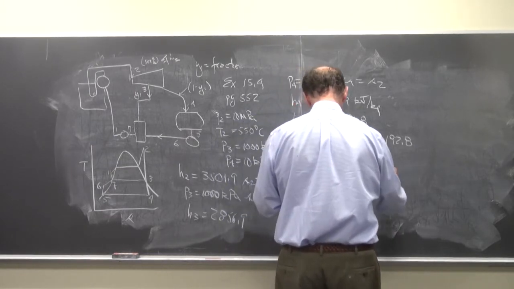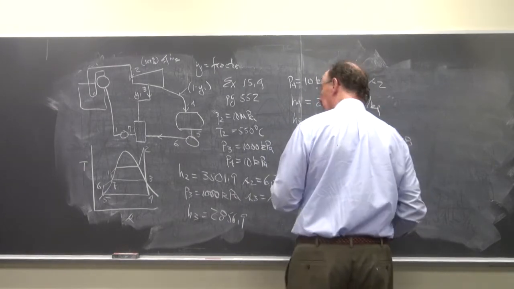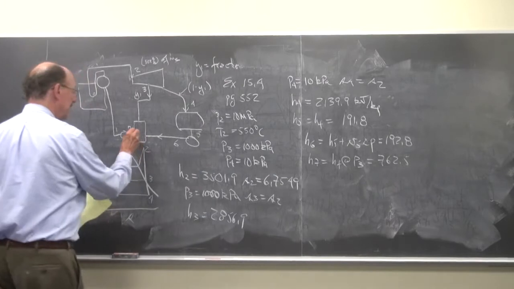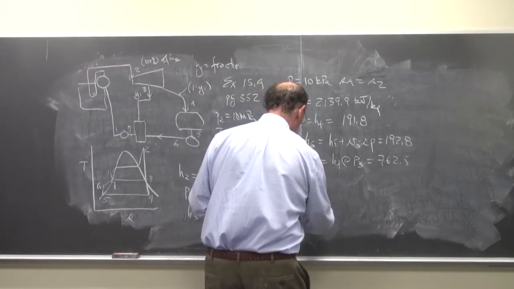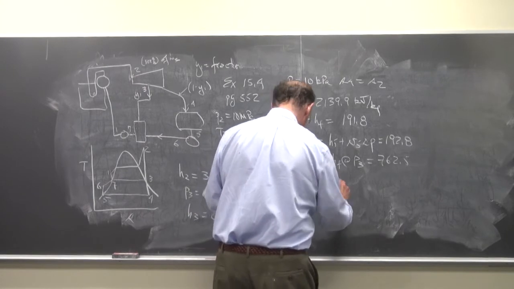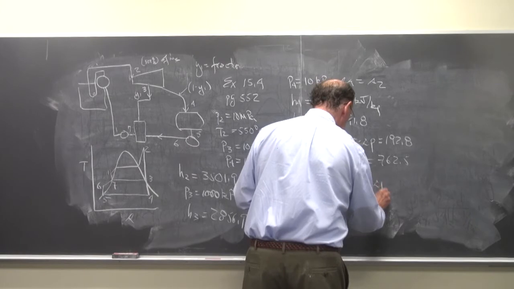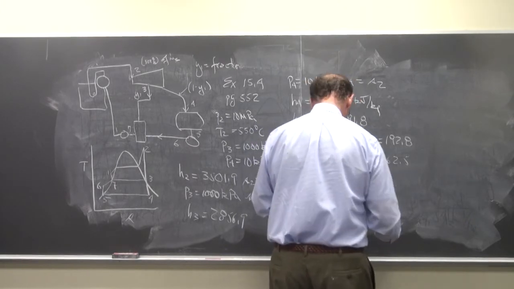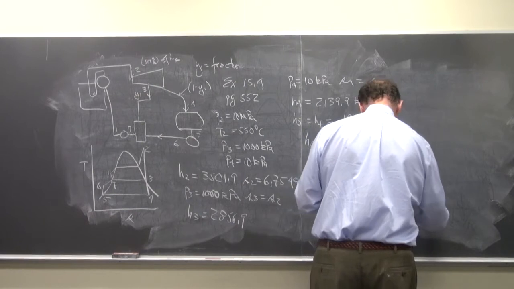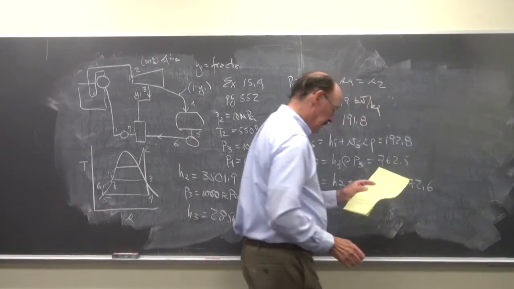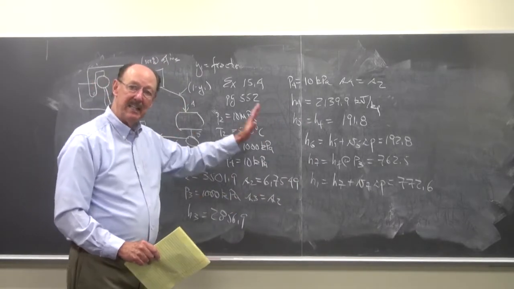So that's equal to 762.5. So this gives me the enthalpy that's leaving here. H1 is equal to H7 plus V7 delta P is equal to 772.6. So the first thing we do is go all around the cycle and find the enthalpies.